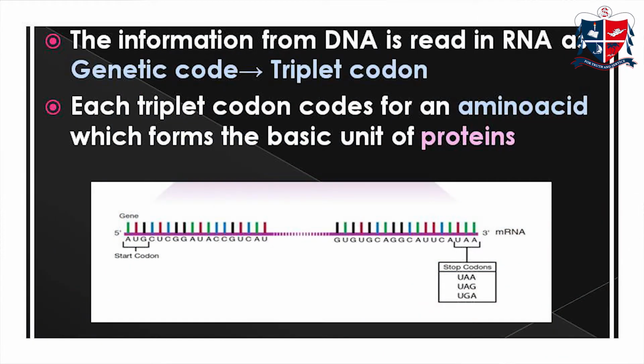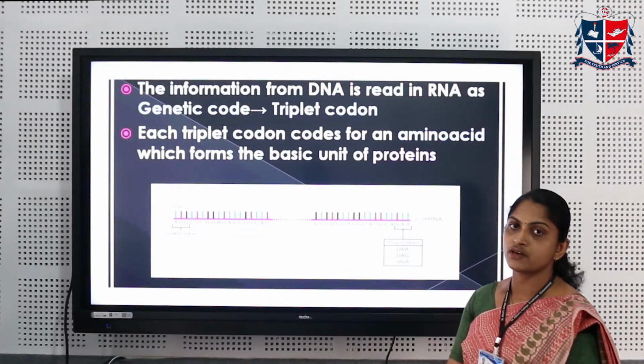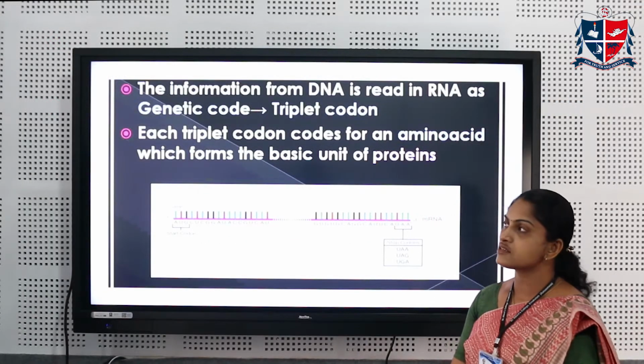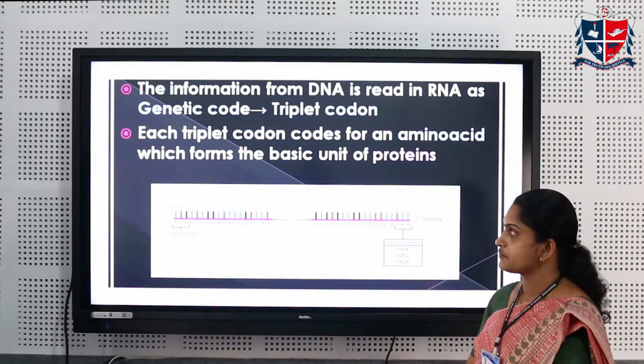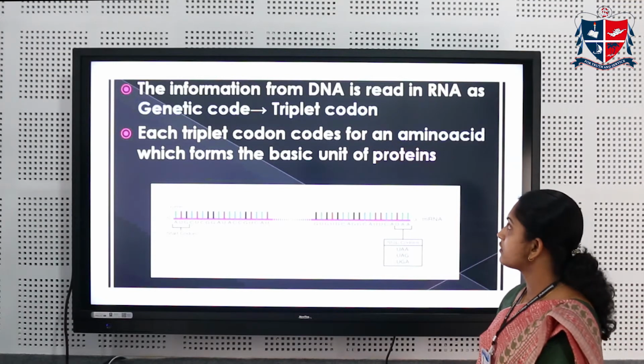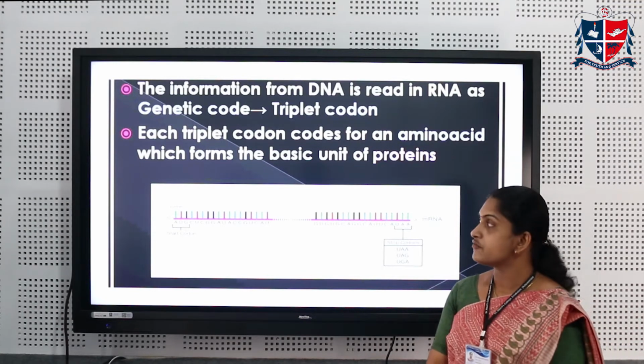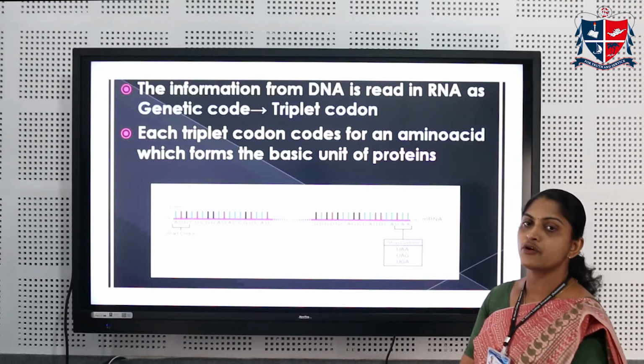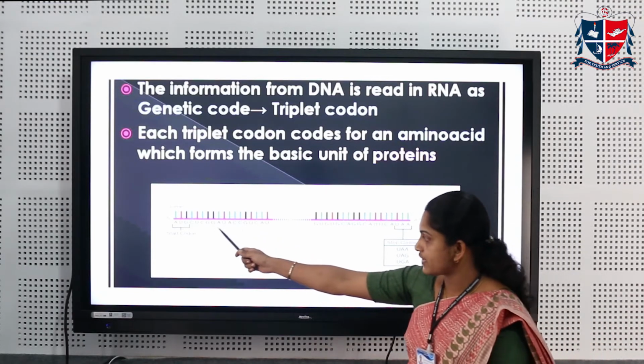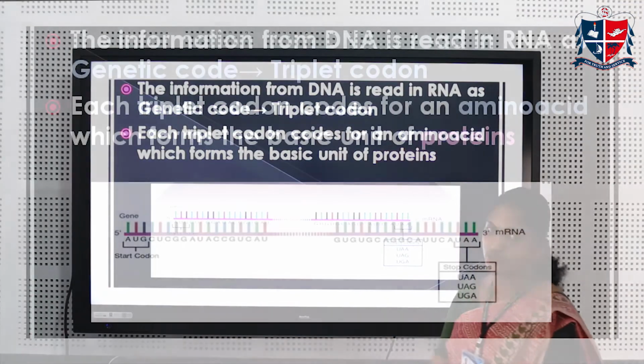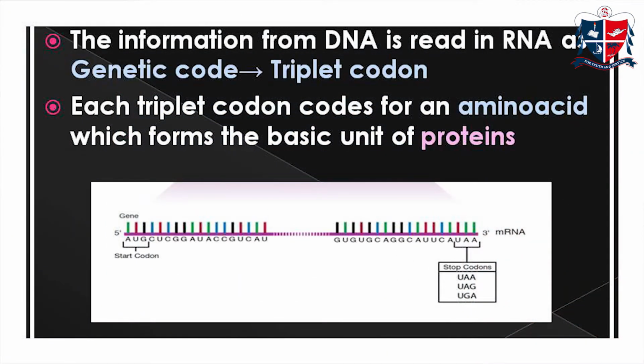The information from DNA is read in RNA in the form of a genetic code, which are the triplet codons. And each triplet codon codes for an amino acid, which forms the basic unit of proteins. In this image, you can see a start codon AUG, which is a triplet codon which codes for the amino acid methionine.